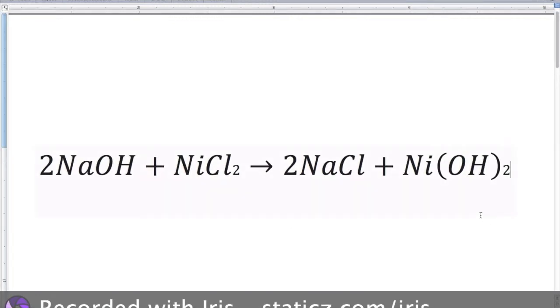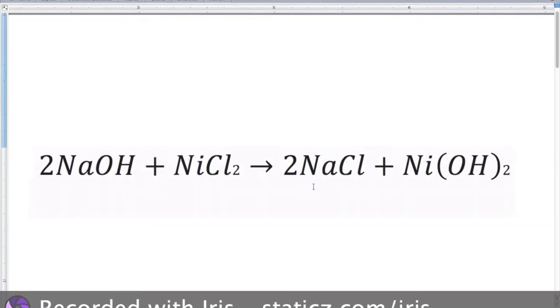And you can see this is a double displacement reaction because the cations in each molecule trade places.